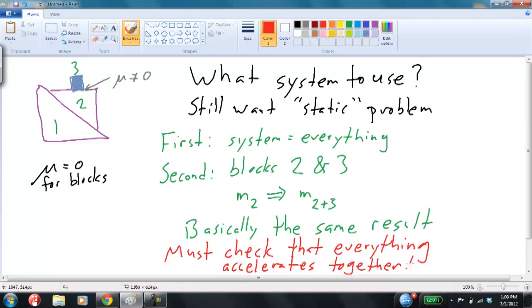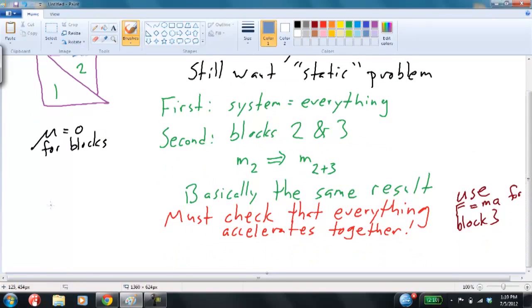You want to satisfy F equals MA for block 3. If I look up here at block 3, there's the normal force, there's an M3G, and since it's not slipping, it's not accelerating up and down. So a_y equals 0, and in this case the normal force will equal M3G. But how do we make it accelerate in the x direction, horizontally?